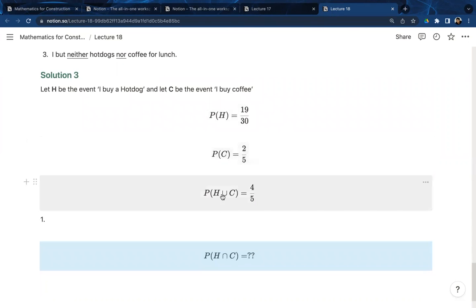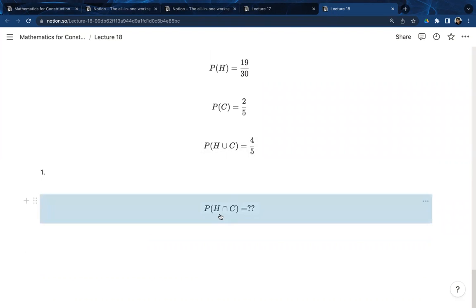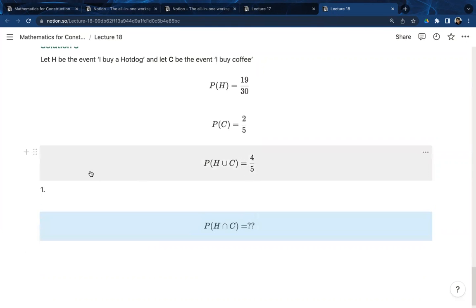Now, the fact that they give you a union here is very helpful, because we have a formula linking the intersection with the union and the different events.